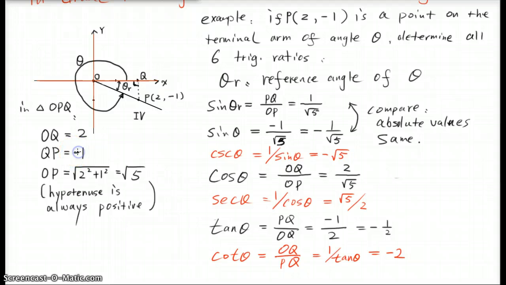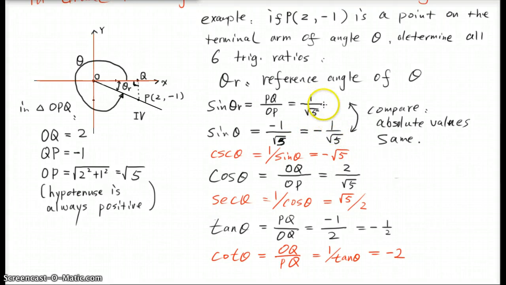And OQ, because its x coordinate is on the positive x-axis, is positive. Then if you want to find sine theta, it's a little bit different. We still use PQ, the opposite side over the hypotenuse, and we get -1 over square root 5, so we end up getting negative.